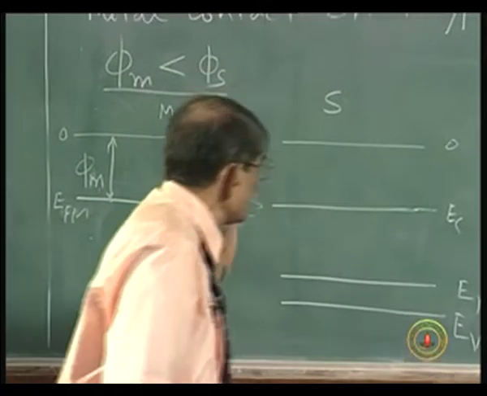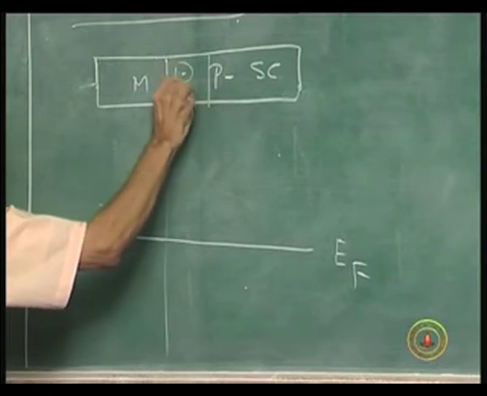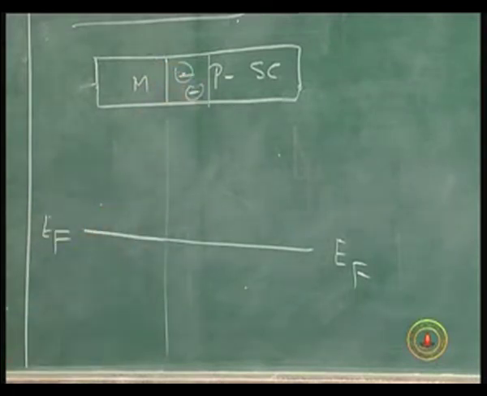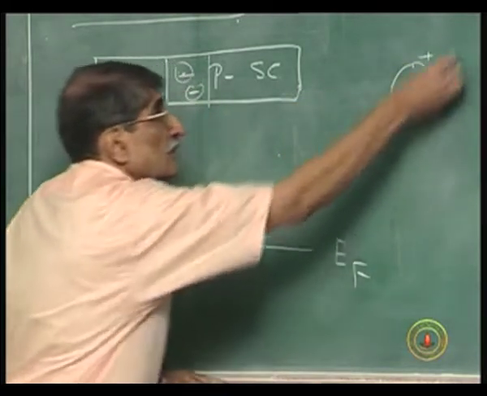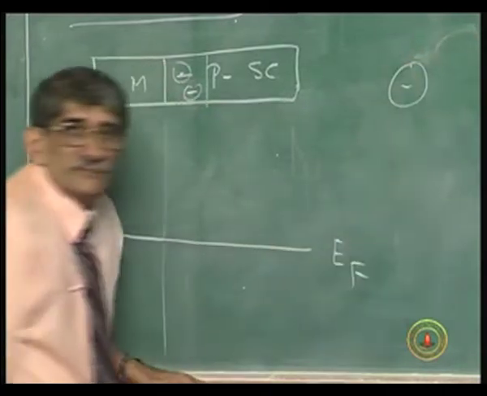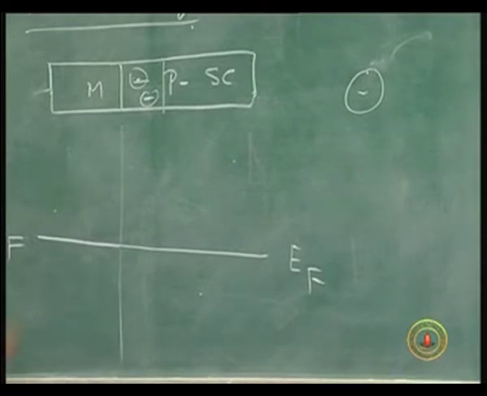Because of this transfer, you will have a depletion layer there, which has negative charges. Otherwise, you transport an electron onto that, the hole is removed, and it is negatively charged. Okay. So, now what will the energy band diagram look like?